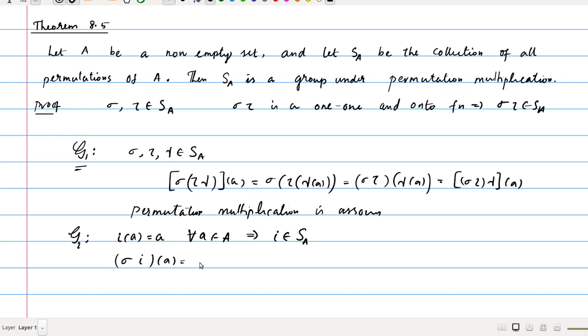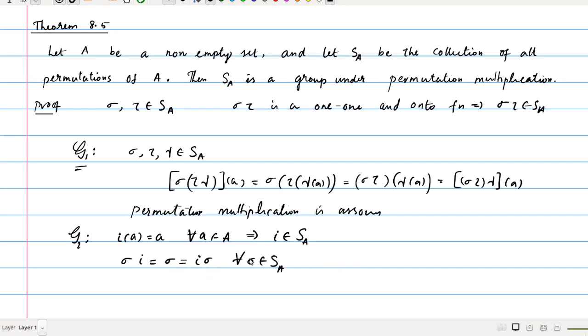First of all we need to prove that sigma I is equal to sigma, that is equal to I sigma, for all sigma belongs to S_A. How will you prove the equality of these three quantities? As we know, these three quantities are functions, so in order to get the equality of functions, we need to evaluate each function at every point of the domain.